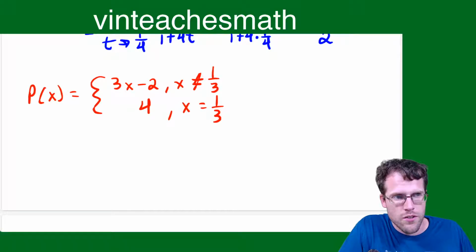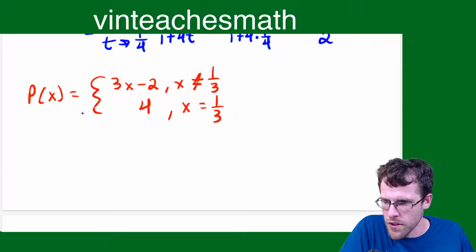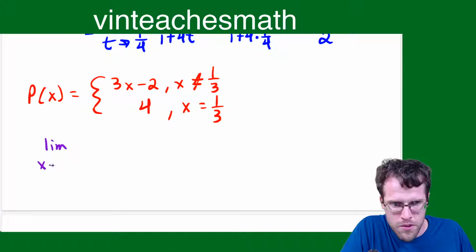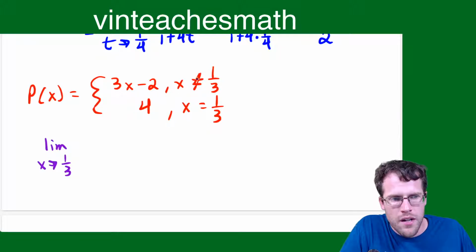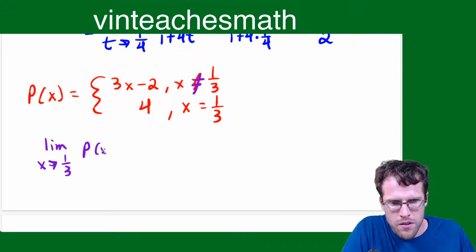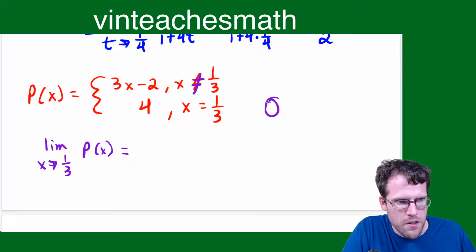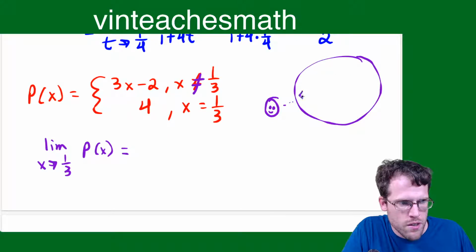All right. So here, if we have this function, let's say we want the limit as x approaches 1/3 of this. In this kind of limit, when you have a not equal to piecewise function, you're going to plug into the not equal to part. Why do we plug into the not equal to part?